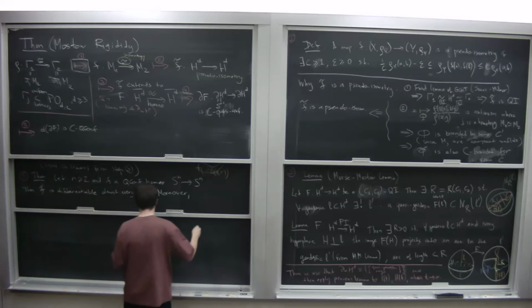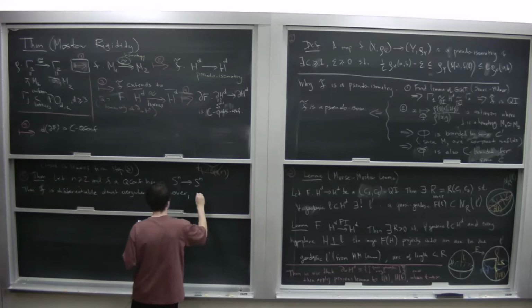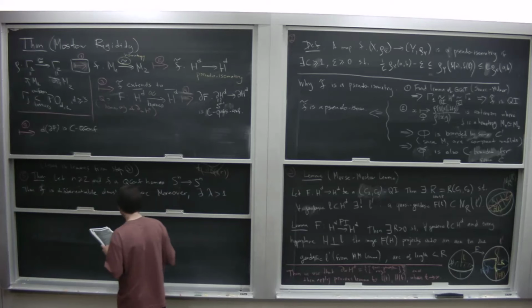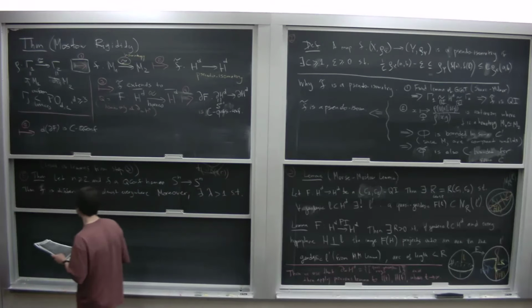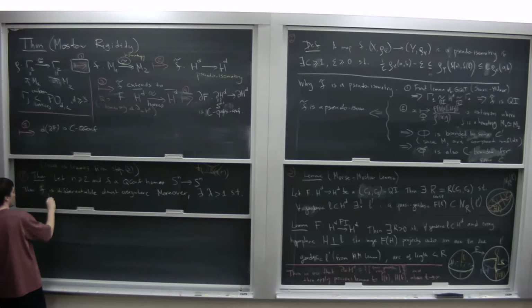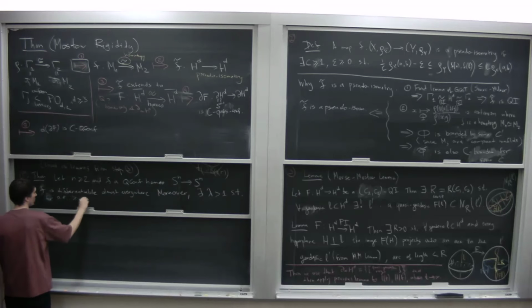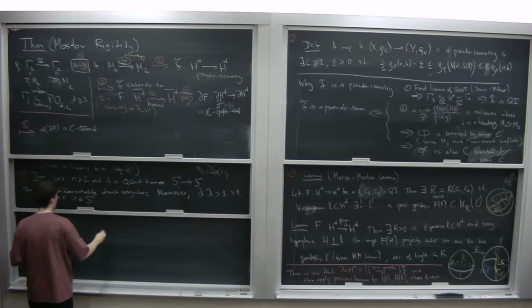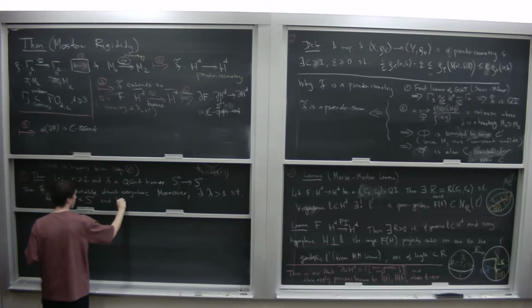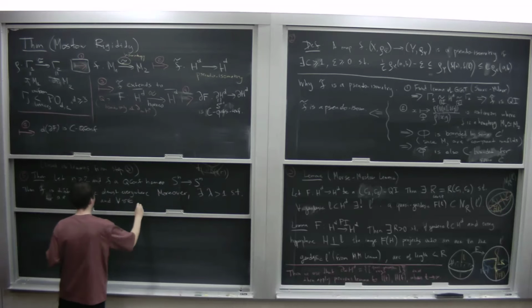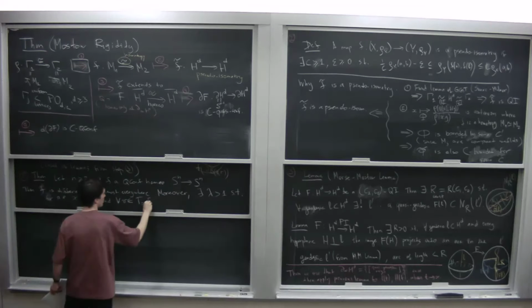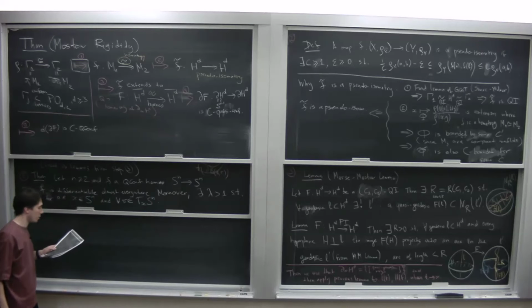So moreover, there exists some lambda greater than 1, such that for almost every point x in Sn, and for every v in the tangent space to x, we have the following.